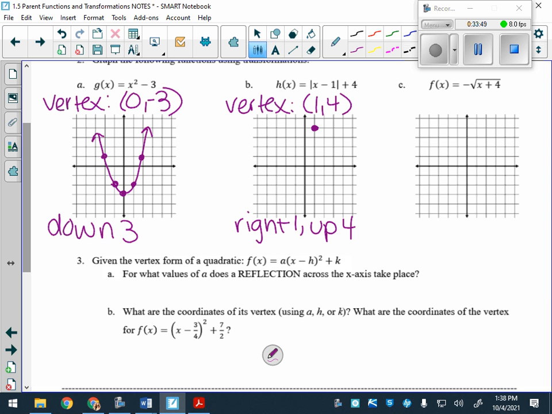And for this one, what is my slope? Addison. 1. And it's opening up. So we only see the 3 points there. Good. Okay, for C, what is my starting point? Jackson. Is -4, 0. Good.